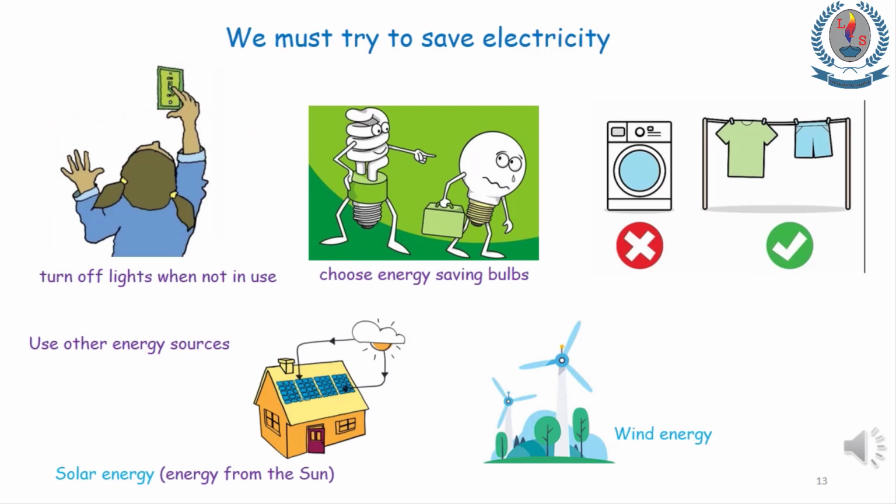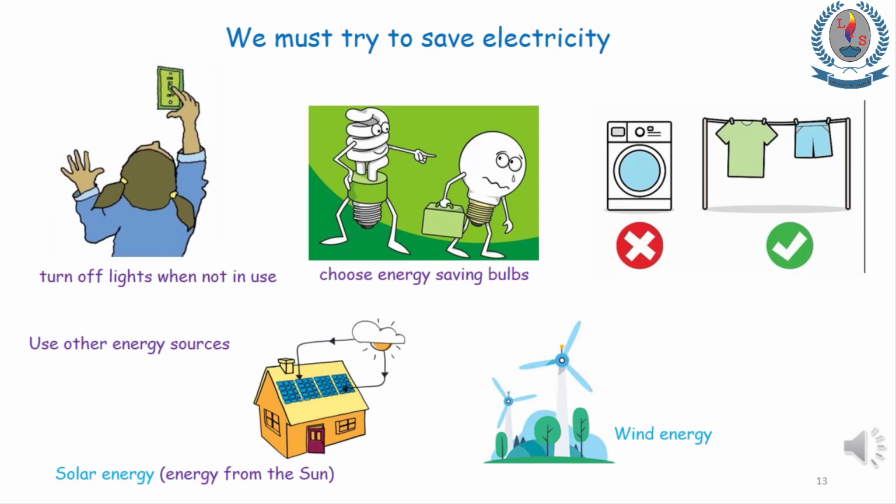You may be told by your parents to switch off lights or fans when you are leaving a room. Why is that, children? Saving electricity is very important, which is why you are told to turn off lights when not in use.